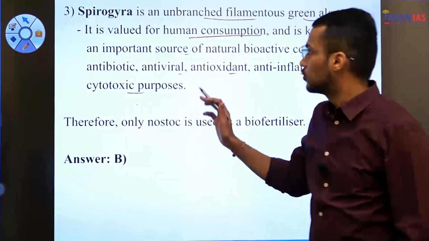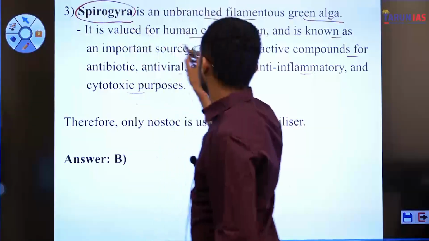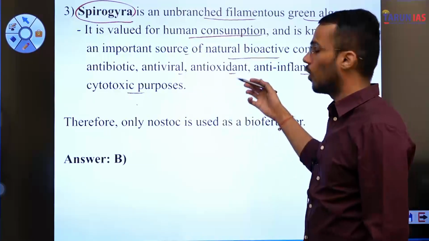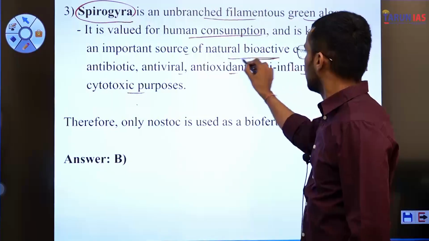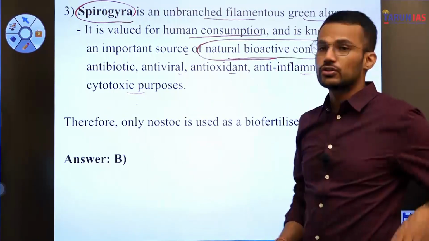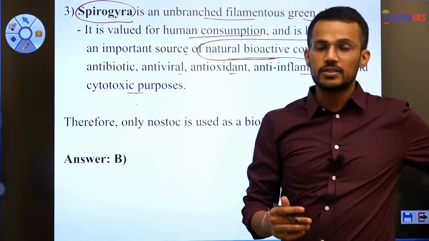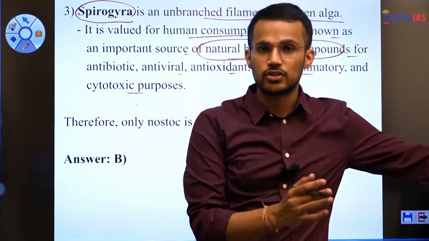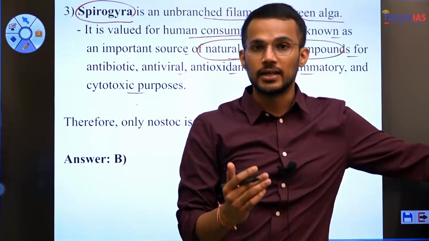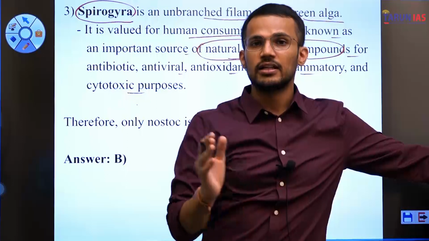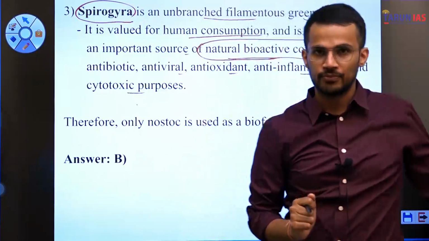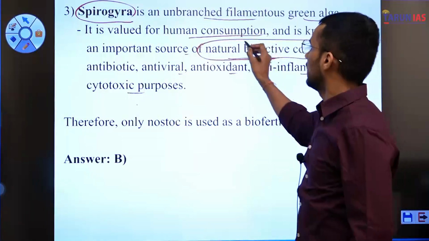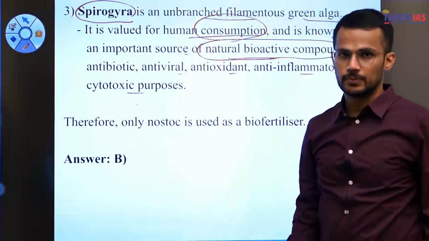So Spirogyra is used in various drugs or other forms of medication where it acts as a natural bioactive compound. That means they ensure that the compounds used in drugs remain effective till they are used up by the patient. So Spirogyra is used for that purpose, as well as for human consumption.